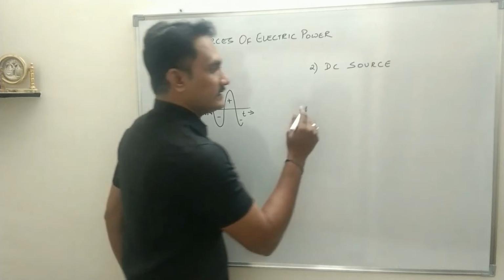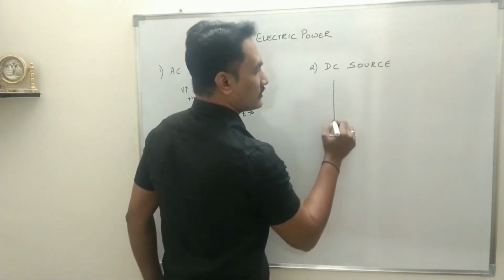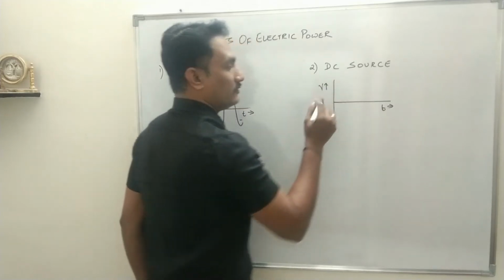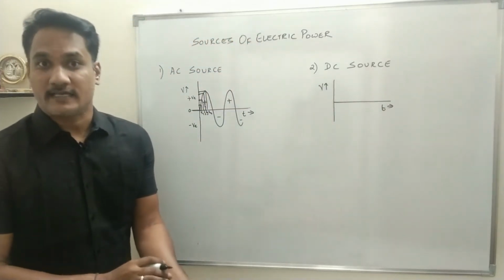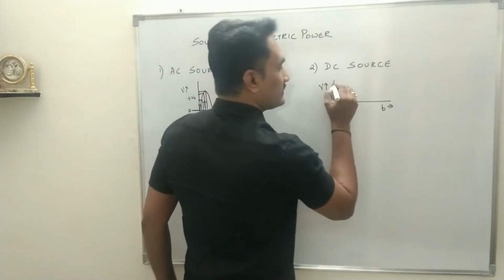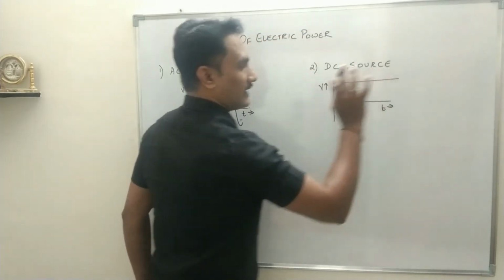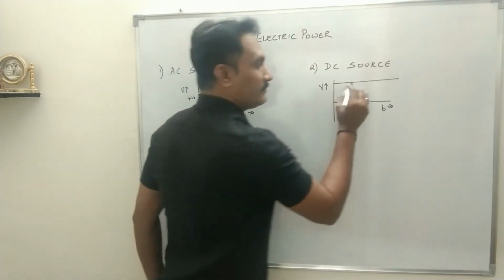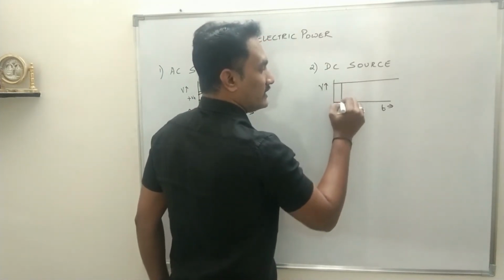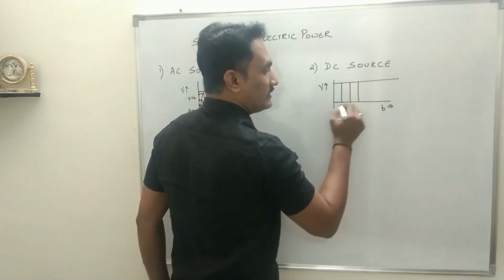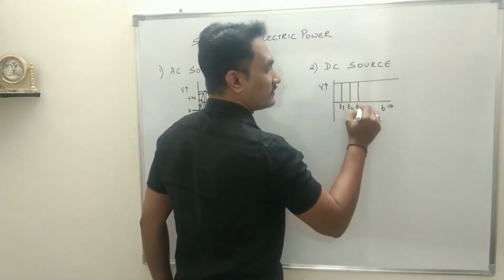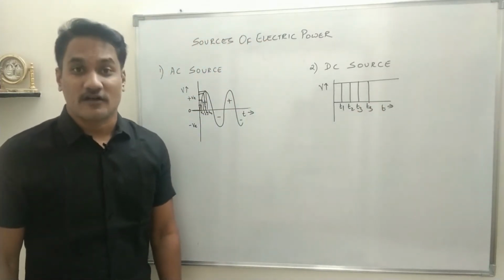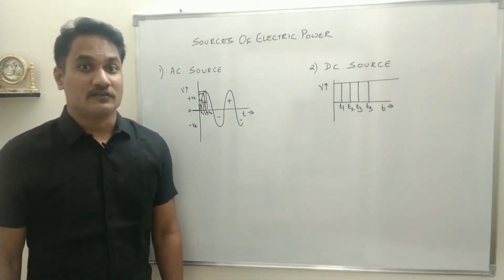The next one is the DC source. If you draw a graph between time and amplitude or voltage on the y-axis, you can see the DC source will have a straight line. That means at T1, at T2, at T3, if you check the amplitude, it remains constant.